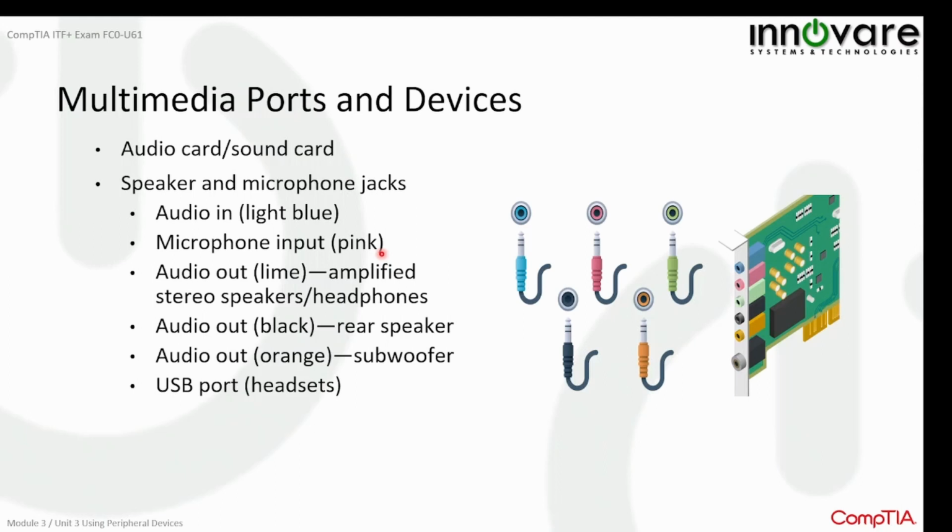And then the subwoofer, these are the stereo surround, in Dolby Digital, in Sense Surround, those are the things. And then there are also headsets that, instead of these jacks, the microphone jacks or speaker jacks, are USB connected.